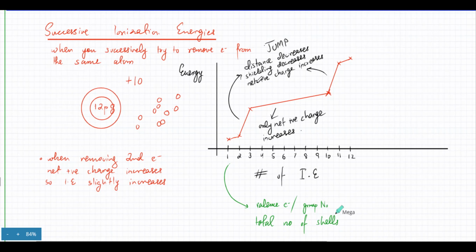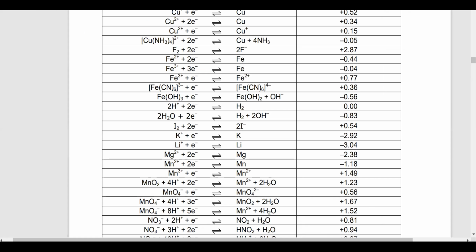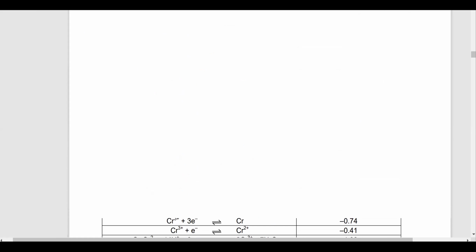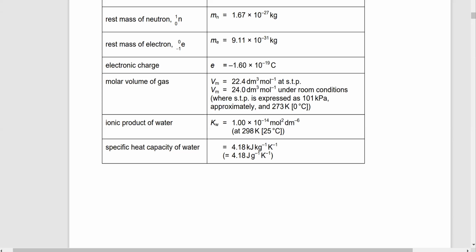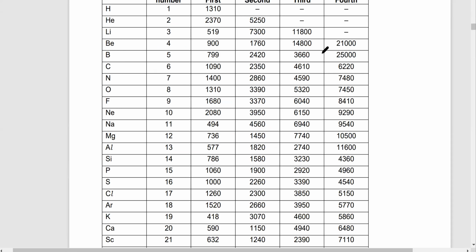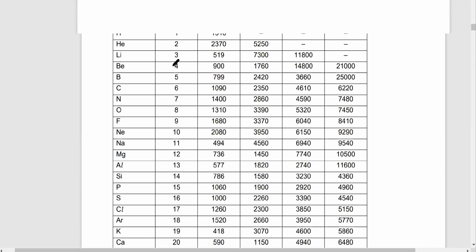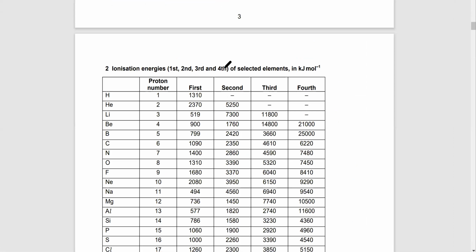Sometimes a graph would not be given. You actually have ionization energies in your data booklet. Let me find it. This is your data booklet. The values given are the first, second, third, and fourth ionization energies.